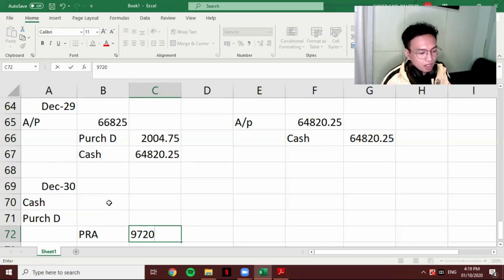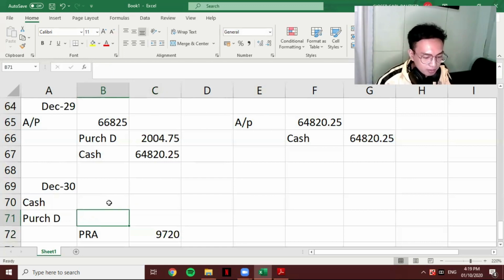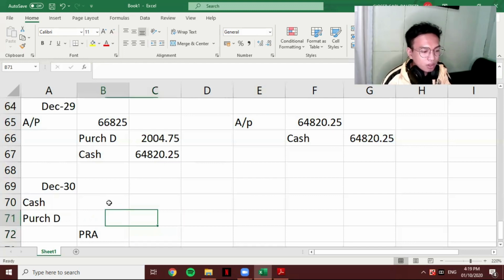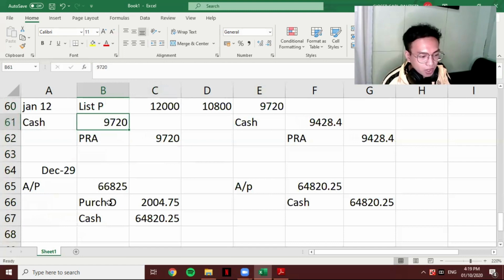And the discount related to this ay how much? Yan. Purchase discount from or related to our purchase kanina ay 9,720.